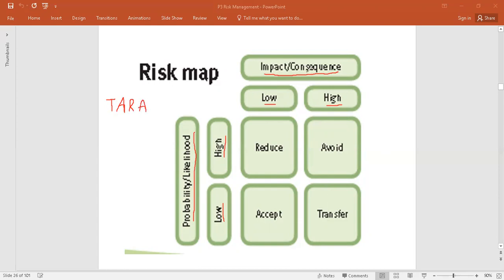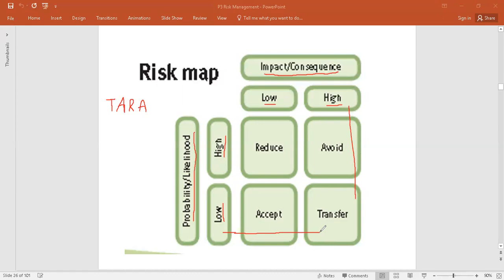If the impact is high, but the probability that it would happen is very rare, the chances of happening is on the lower side, but when it happens, the impact is on the higher side. So we see that impact is high, but they rarely happen. In that case, the impact can be transferred to someone else.